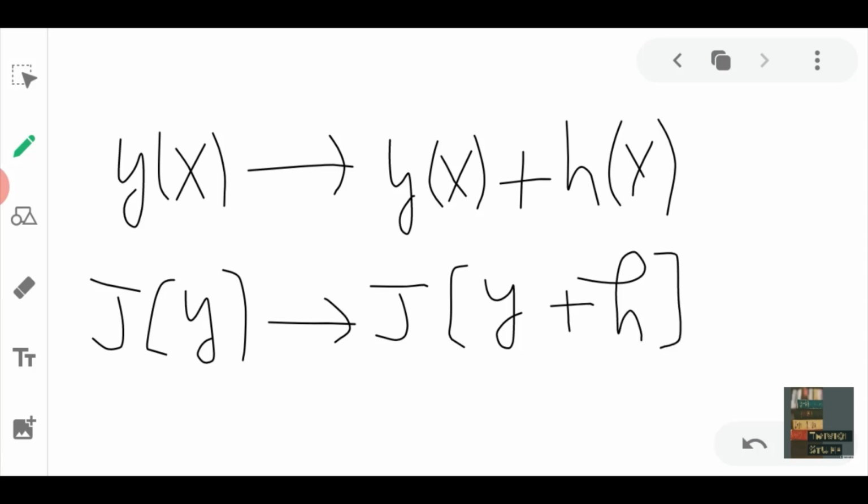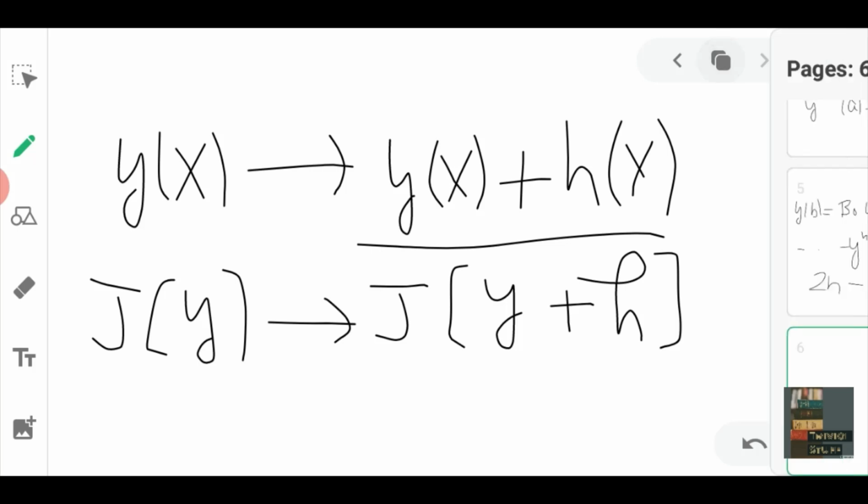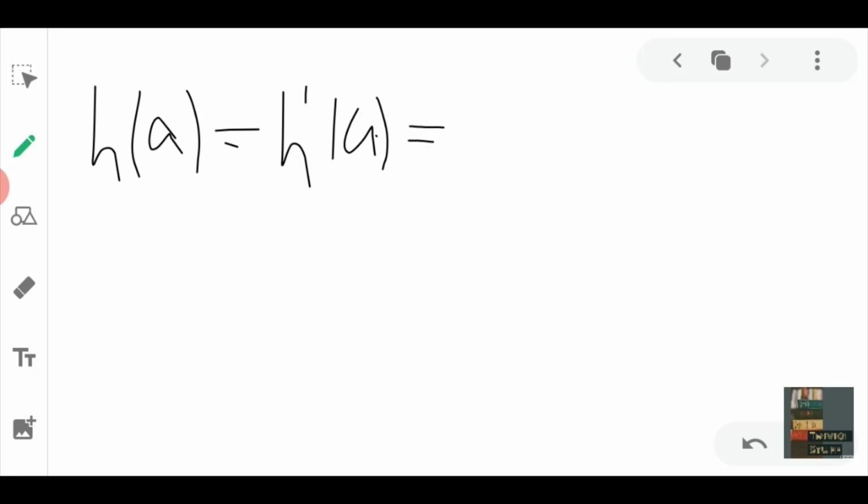Now h of x is such that y of x plus h of x satisfies the same boundary conditions, and for that it must satisfy the following: h of a and its higher derivatives are equal to 0 at these boundary points.